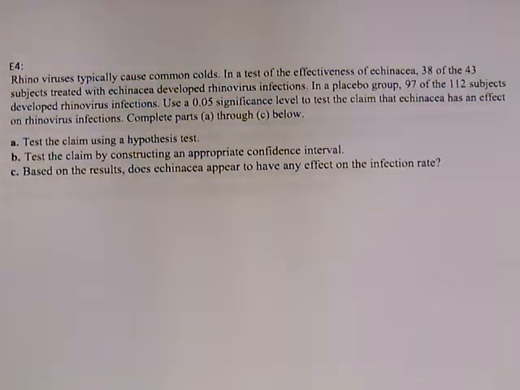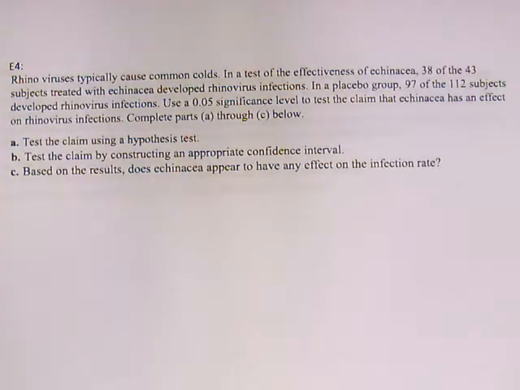Part A, you're going to test the claim using a hypothesis test. Part B, test the claim by constructing an appropriate confidence interval. Part C, based on the results, does Echinacea appear to have any effect on the infection rate?